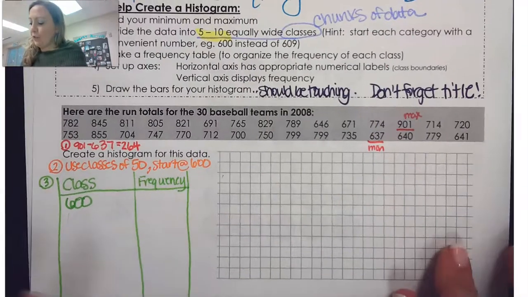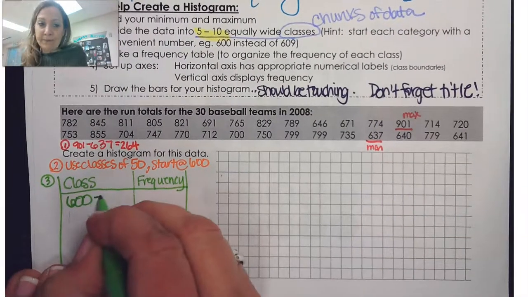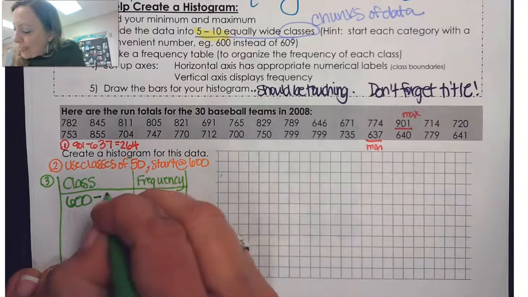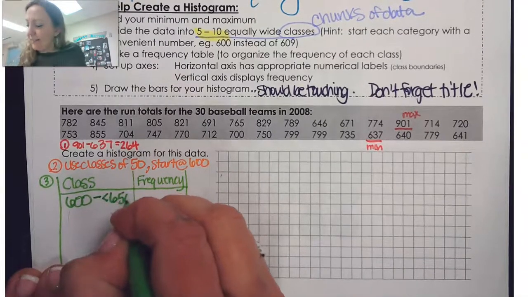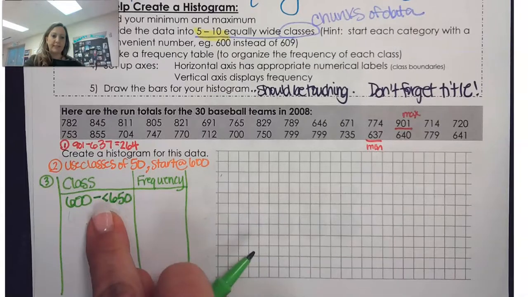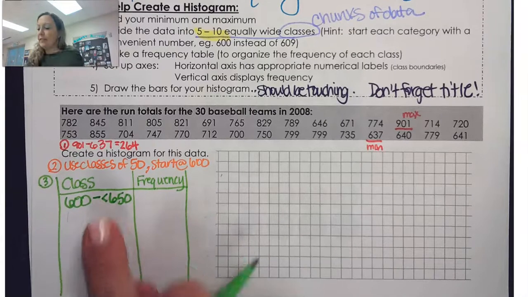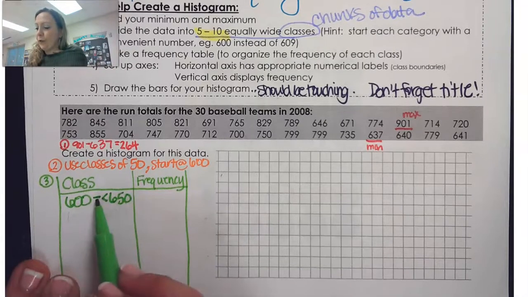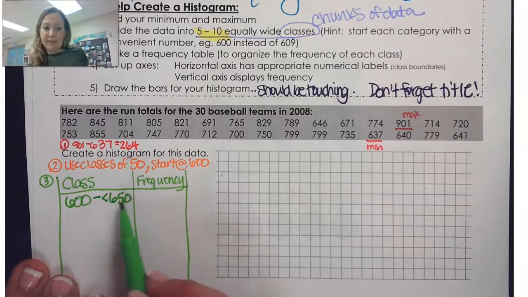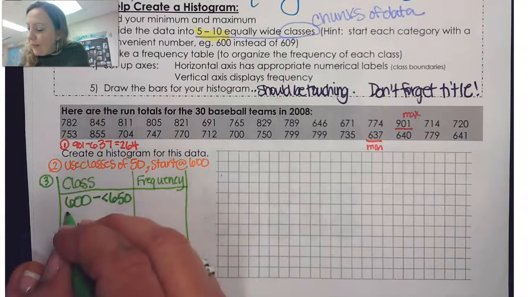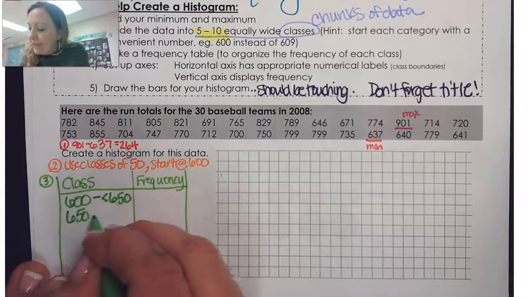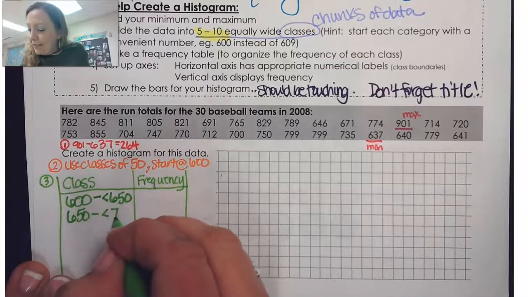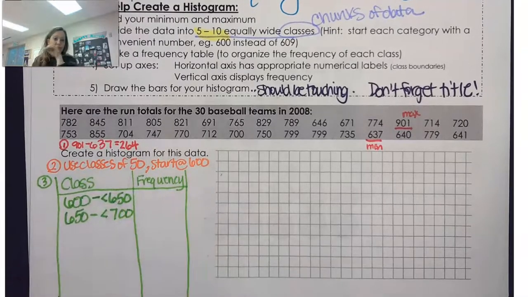We're going to go from 600 to anything less than 650, less than symbol. So this means 600 through less than 650. And so then I could go 650 through less than 700.